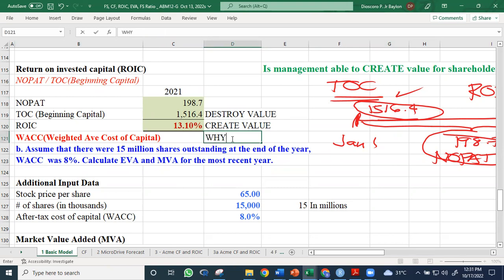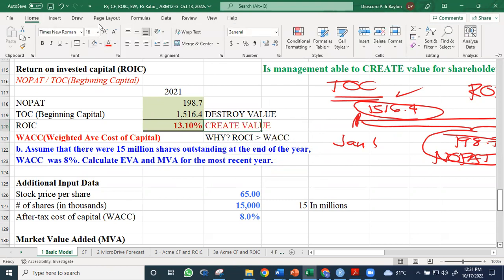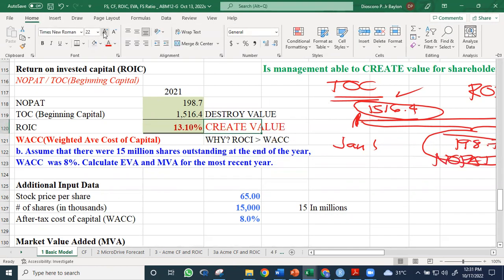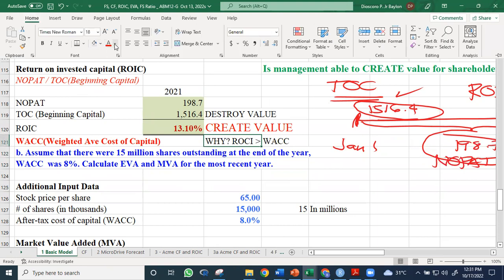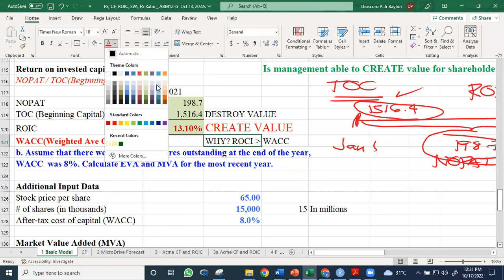Why? ROIC is greater than weighted average cost of capital. There. So, management was able to create value for the shareholders. Nag-create siya ng value. And the reason is the computed ROIC, 13.10, is greater than our weighted average cost of capital.